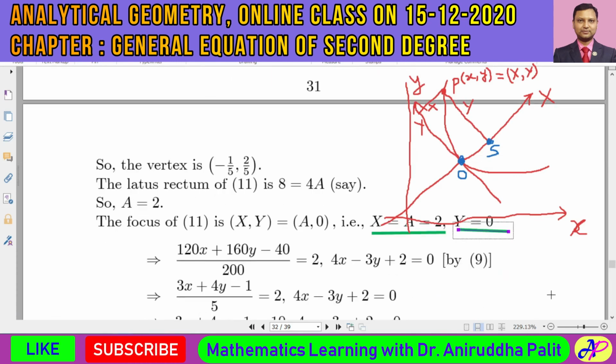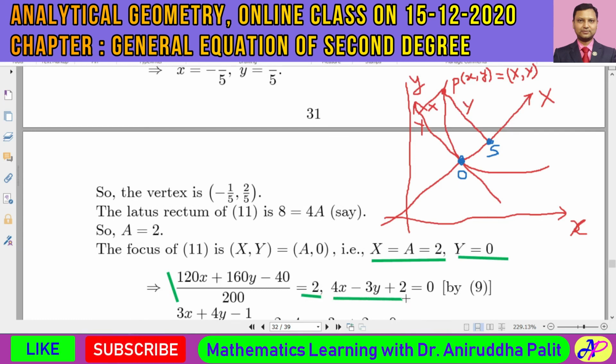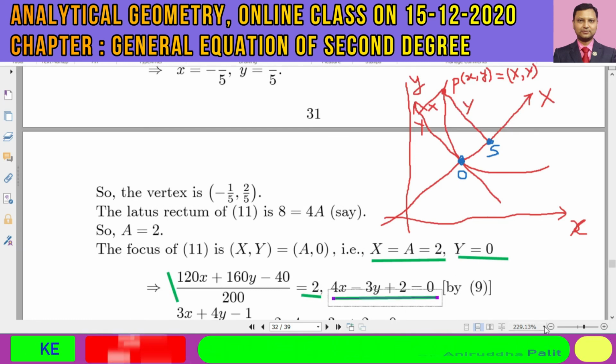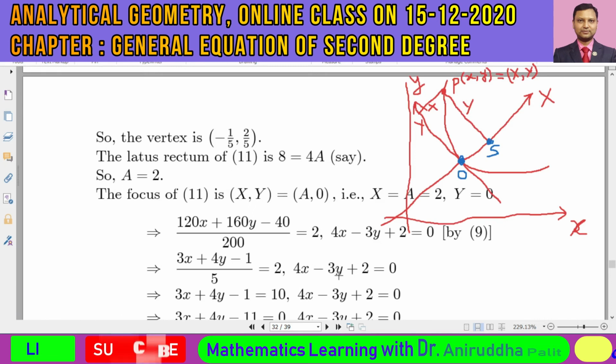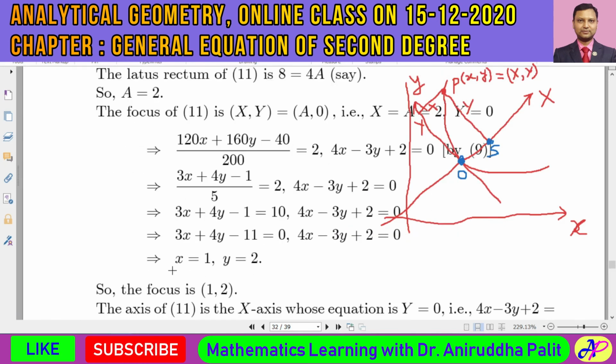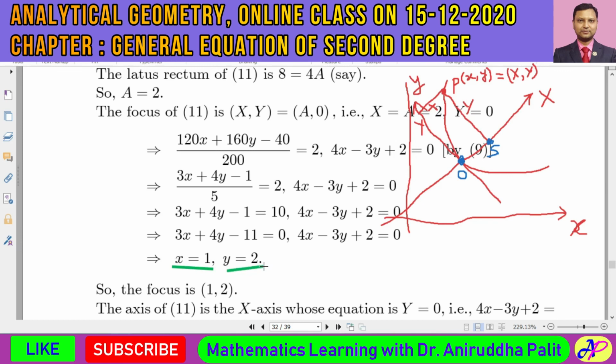Got it? So again, if we consider the expression of capital X, so capital X is equal to 2. And capital Y is equal to 0 means this expression is equal to 0. Now again you solve these two equations, and after solving you will find that small x is equal to 1 and small y is equal to 2.